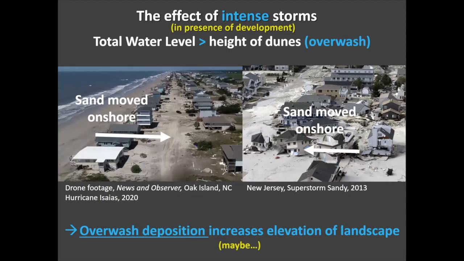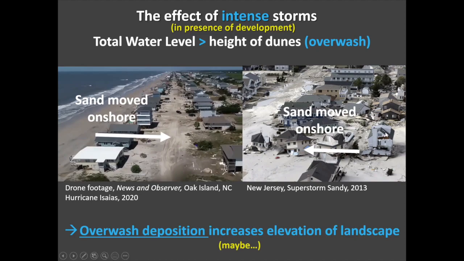We could look at this process when it's superimposed on a developed landscape. On the left here, Oak Island, a recent image showing, again, overwash exceeding the dune height and the height of the back beach, and we get sand being moved onshore, and here overwash deposited on roads and driveways and properties.